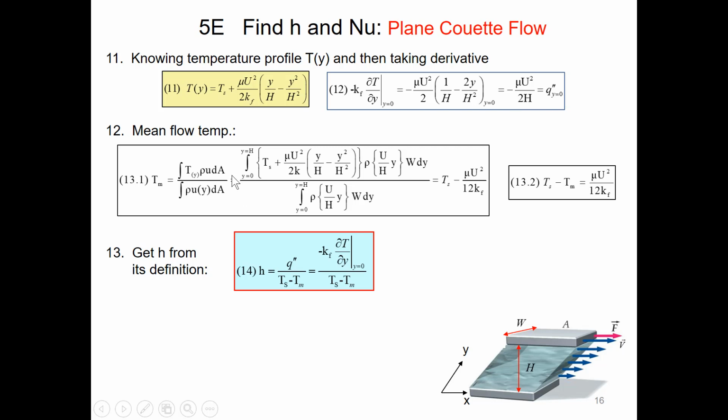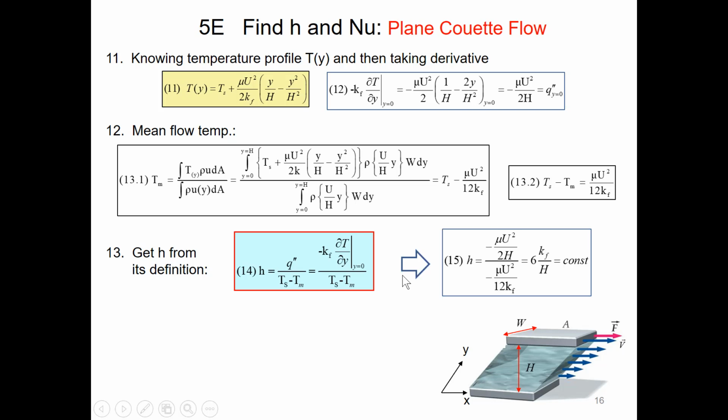Second, based upon the mean flow temperature definition, we integrate temperature profile and the velocity profile over the cross-section area, then divide by the mass flow rate to get its expression. Next, we combine the surface temperature Ts with the mean flow temperature Tm to get the expression for the temperature difference.